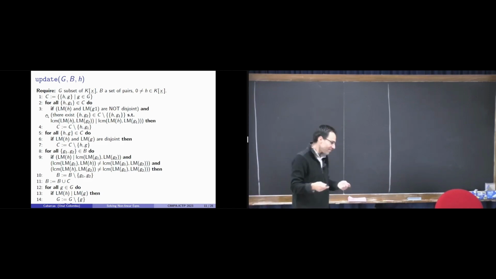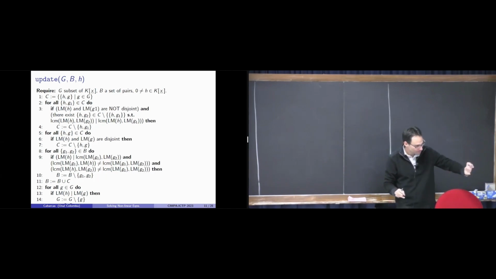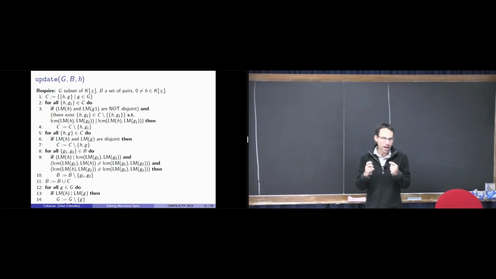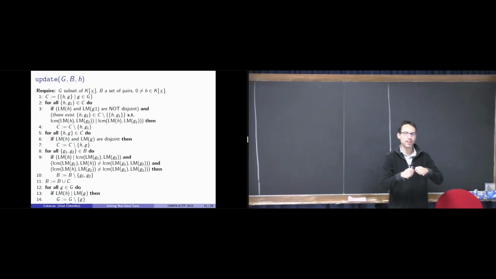So I know it's complicated, and the point is not to understand every single line here, but the idea is you have this criterion and you systematically reduce the size of the basis of the module of CCGs of the leading terms of your polynomials, so that you don't have to then consider so many pairs.